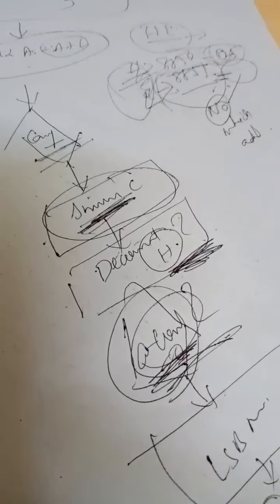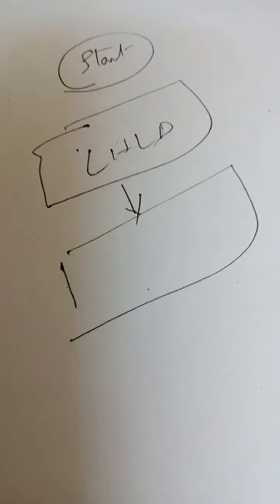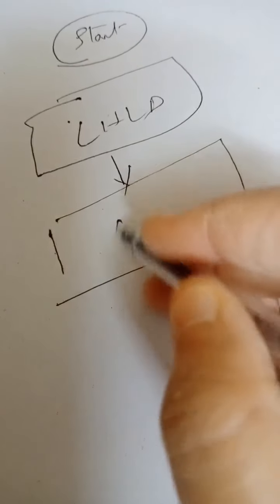But here, what is our main concept? Once again I am telling you: first we will start, then we will load the multiplicand and multiplier by the LHLD instruction. Then we will add the number.